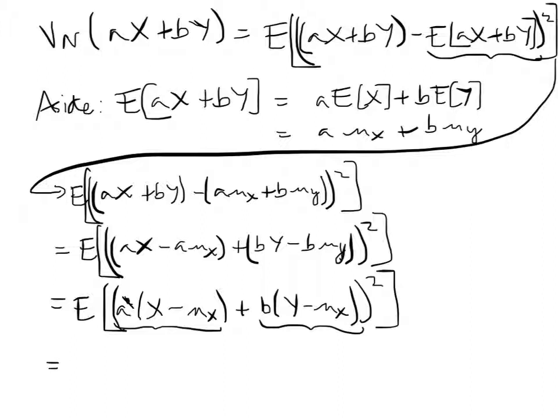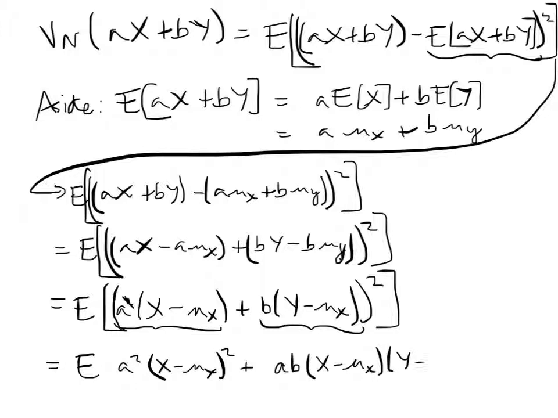So that is equal to expected value of the first thing squared, which is a squared x minus mu x squared, plus the cross product of this thing with that thing, which is ab x minus mu x y minus mu y.